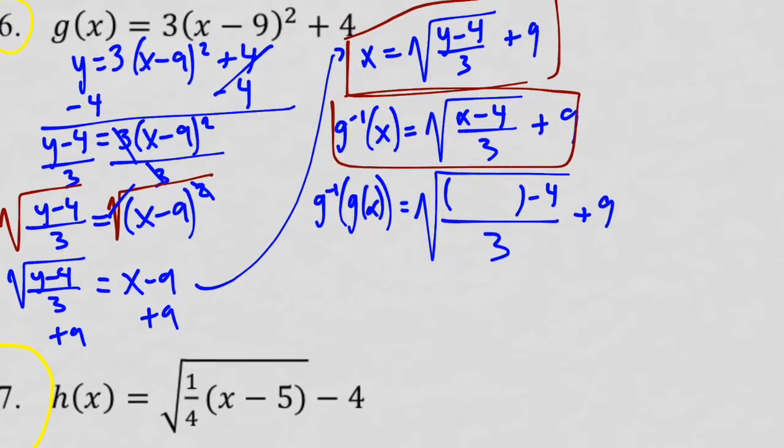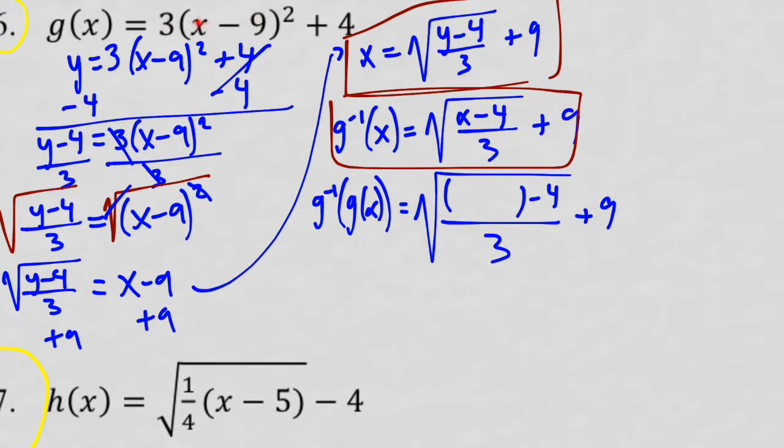Okay, plug in the original in there, which is all of this right here. So 3, is it going to fit? I don't think I left enough space for it, so let me fix this. Bigger parentheses, then minus 4, and then plus 9 outside, like that.